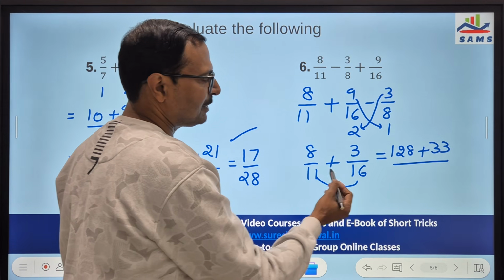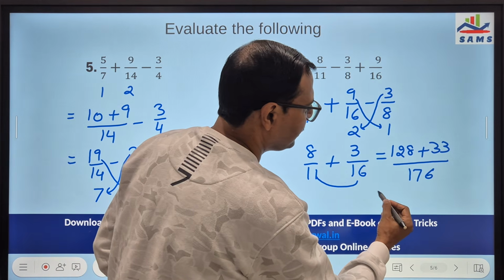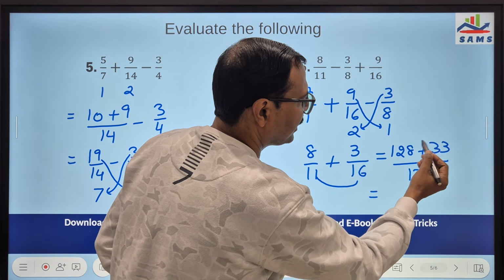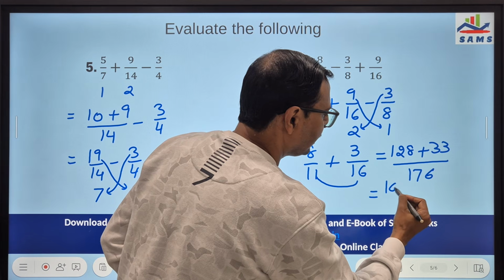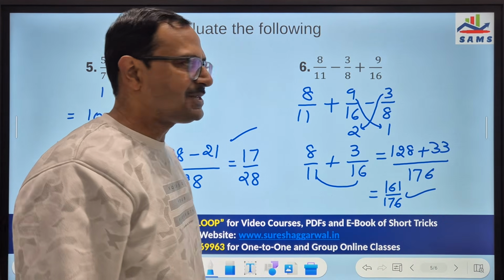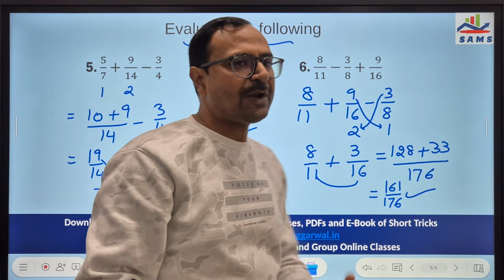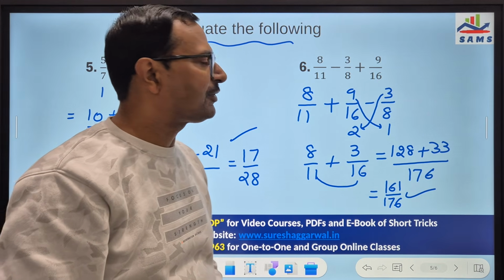So 160 plus 16, 176. So your answer for the question will be 128 plus 33, 161 over 176, which is the final answer for the question. See, how wonderfully the trick works, and you can evaluate such huge fractions with so much comfort.